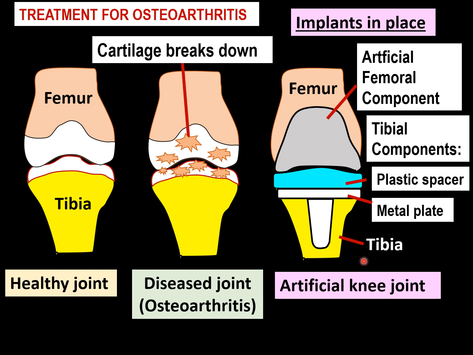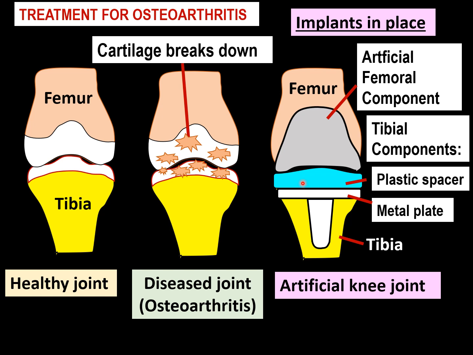So to make the artificial knee joint, the doctor has got to get these components ready. Okay, the femoral component that is fixed onto the femur, and the one below it here is the plastic component.